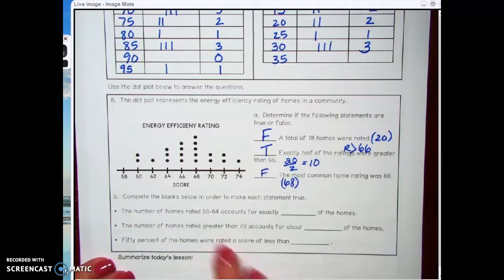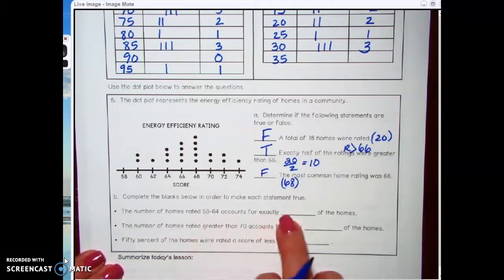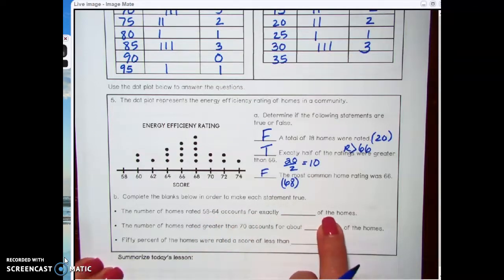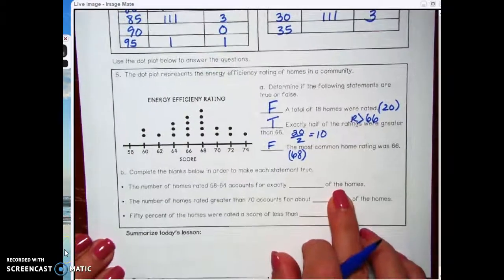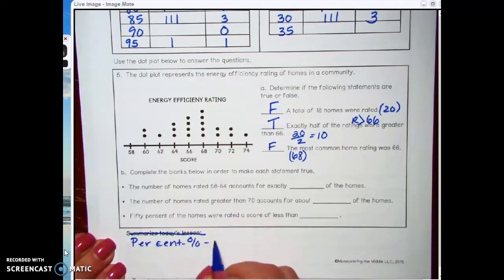Now it says complete these. The number of homes rated between 58 and 64 account for exactly blank of the homes. Guess what? We're going to be working with percents. Remember, percent is per 100.